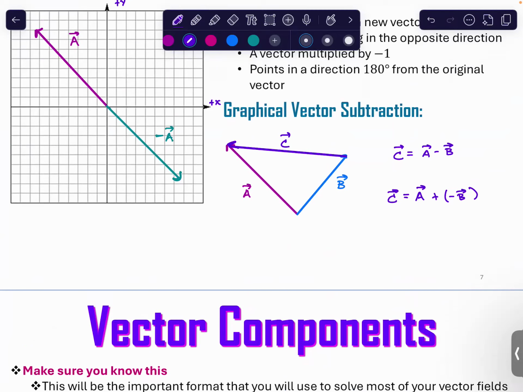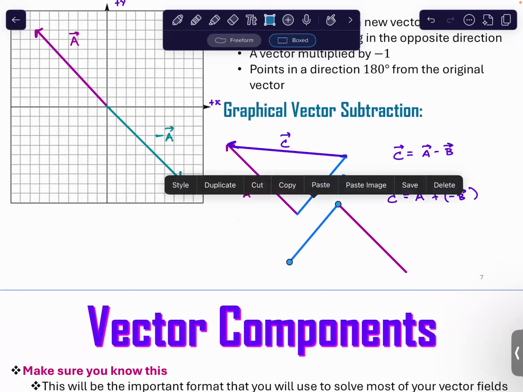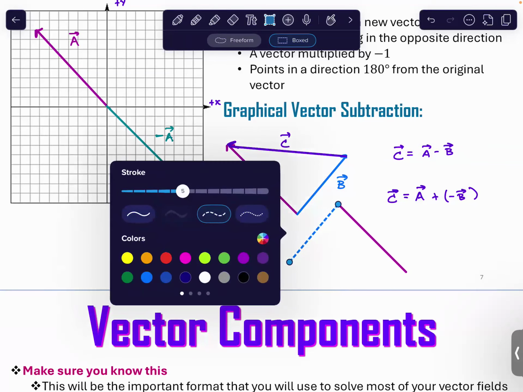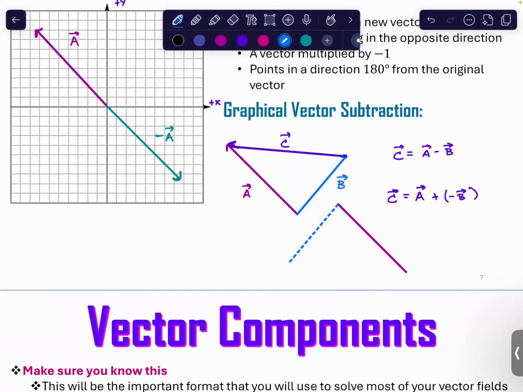Well, let's see. We're still going to have vector A. You see that A is the exact same vector. B now is the exact same magnitude pointing in the opposite direction.